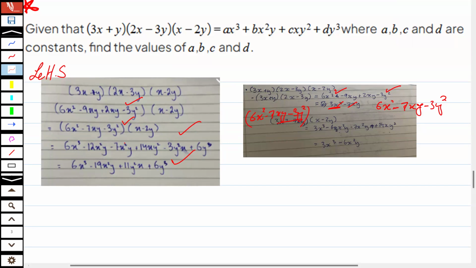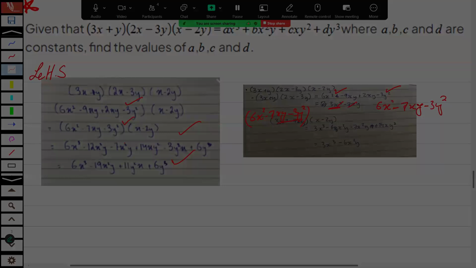Sir, I sent you mine, but I forgot to add, I mean, add or minus whatever, minus 9 plus 2, but everything other than that is right. I was just double checking. All right, no problem.